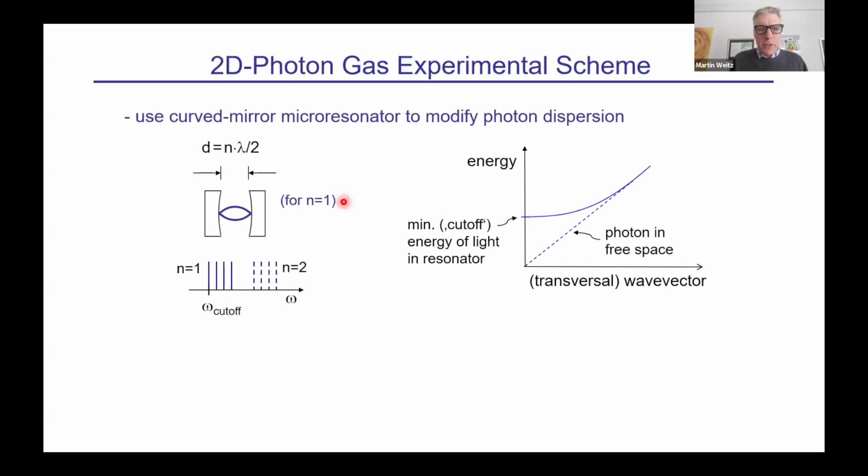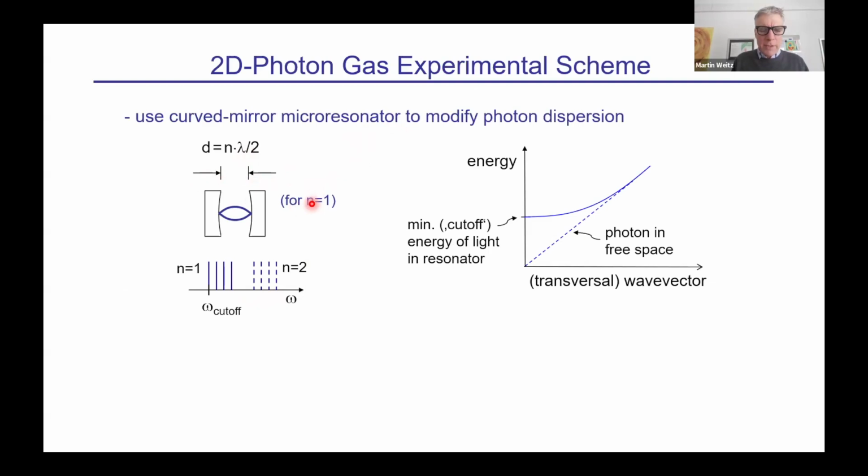Okay, so to begin regarding the system, as I've been mentioning, we used an optical microcavity, as is also done in polariton physics, to modify the photon dispersion. In our case, it's a curved mirror microcavity, and the spacing between mirrors is very small, so it's an integer number n times half the wavelengths.